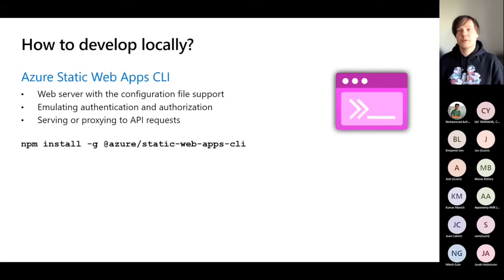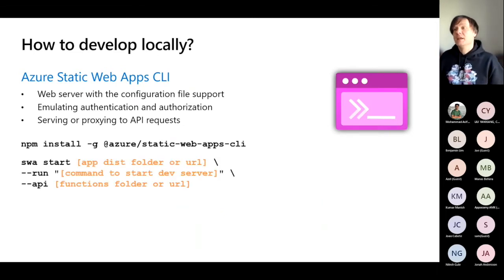So how to start with the CLI? Well, it's classic. You install this package. I strongly recommend you install this globally. This is why you have this -g, and then you will have the swa command available in your terminal, where you provide some parameters. Again, some information about your application.